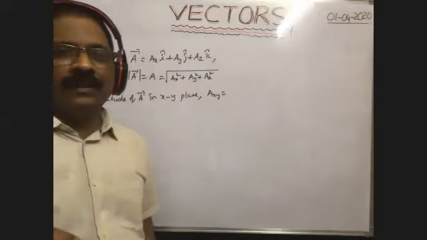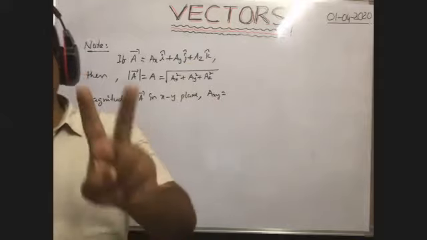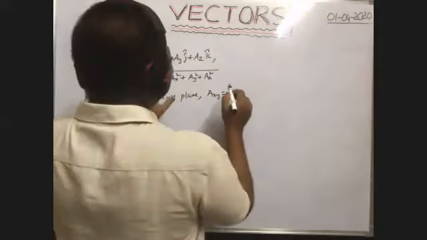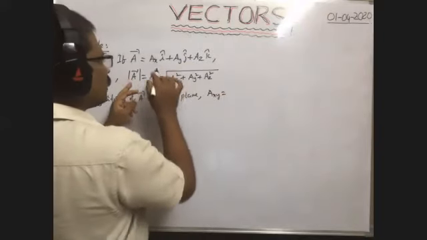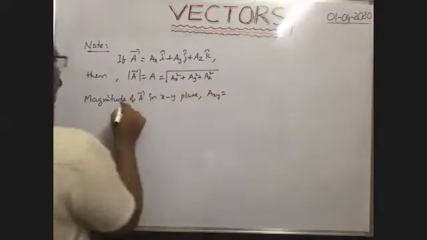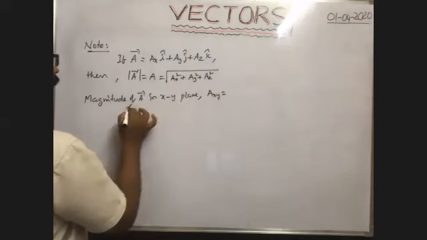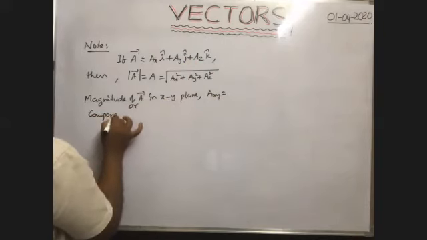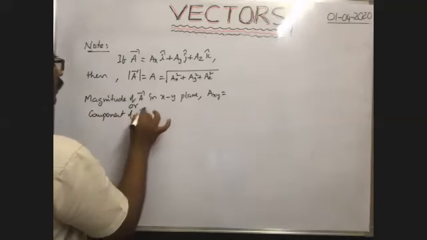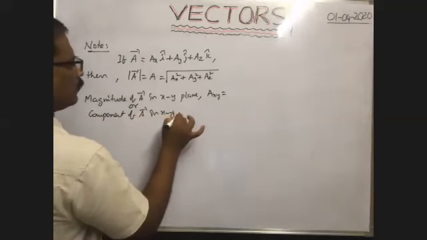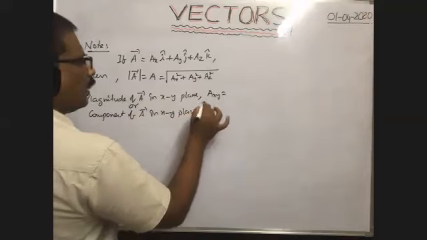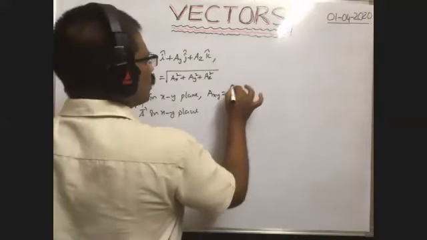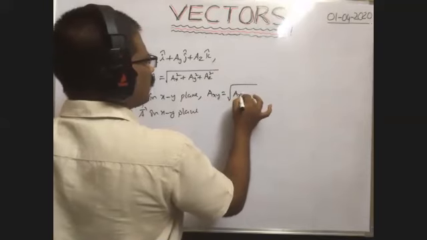They ask in the xy plane, which means we have to take only 2 components, x component and y component only. Magnitude of a bar in the xy plane or component of a bar in the xy plane, both are the same. Okay. axy is equal to the square root of x component square plus y component square, simply.